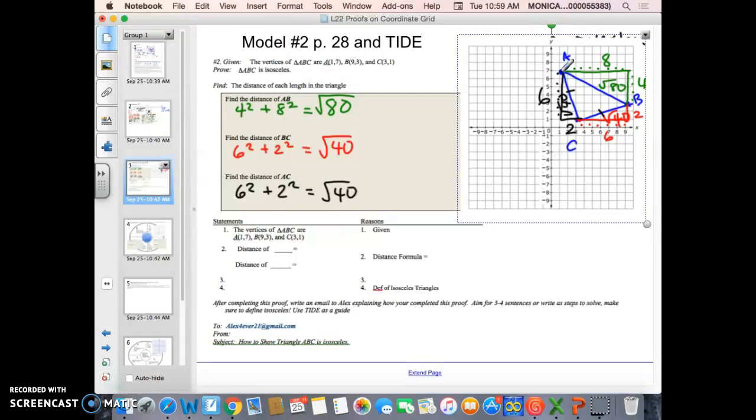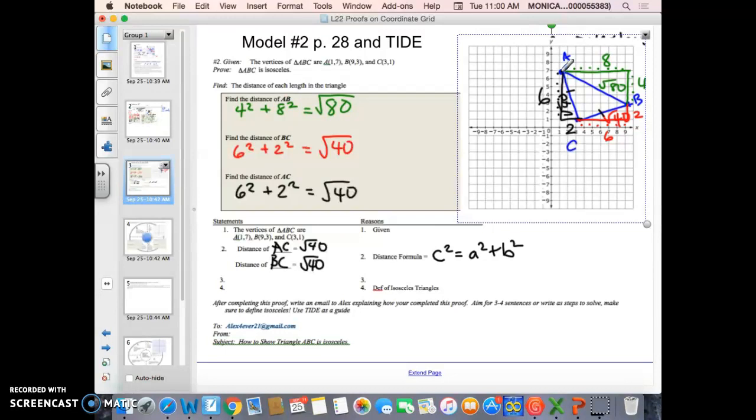So the first thing I'm going to do is write the distance of AC equals the square root of 40, and the distance of BC equals the square root of 40. And I did this by doing the distance formula, but I actually used C squared equals A squared plus B squared.